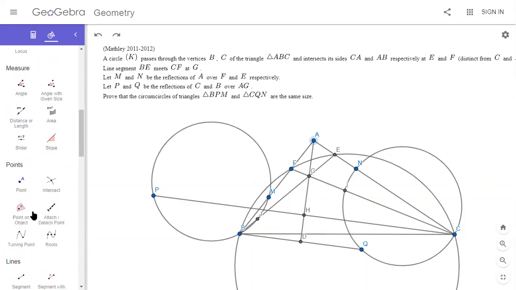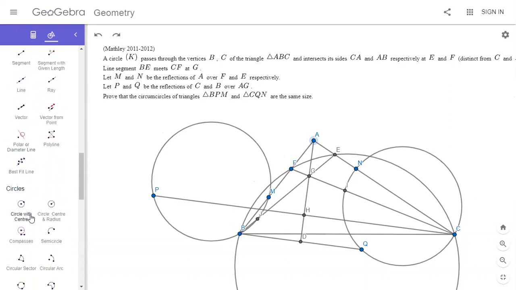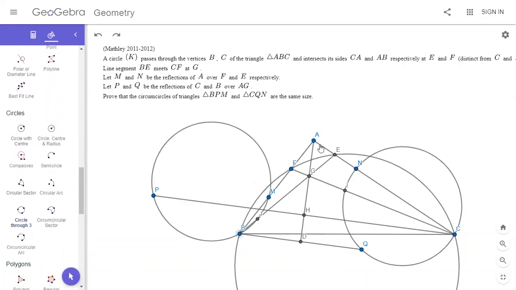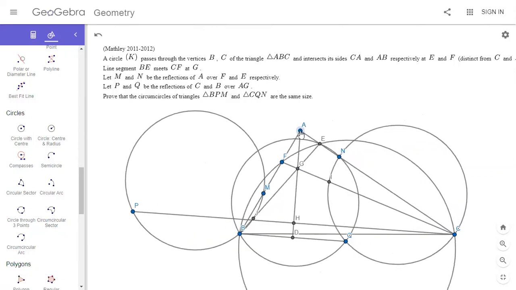But let me see. Often it helps to do this. Actually, let me do it like this. So, let's see.